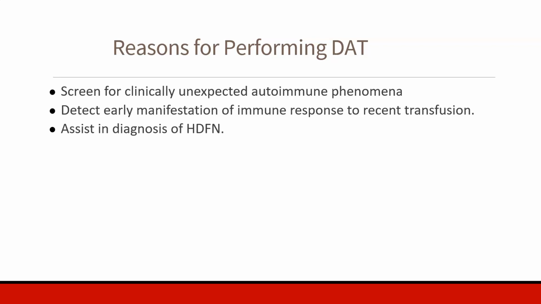When you do the DAT, you will get mixed field agglutination because the donor cells will be the only cells coated. So you'll have these small tight clumps. It's probably going to be a 1+ to 2+ type reaction in a sea of free cells, which are the patient's cells that are not coated with the antibody. And then the most common reason is to assist in the diagnosis of hemolytic disease of the newborn.